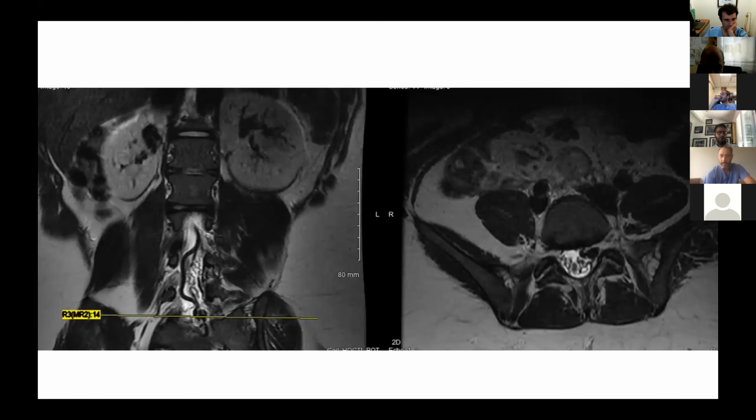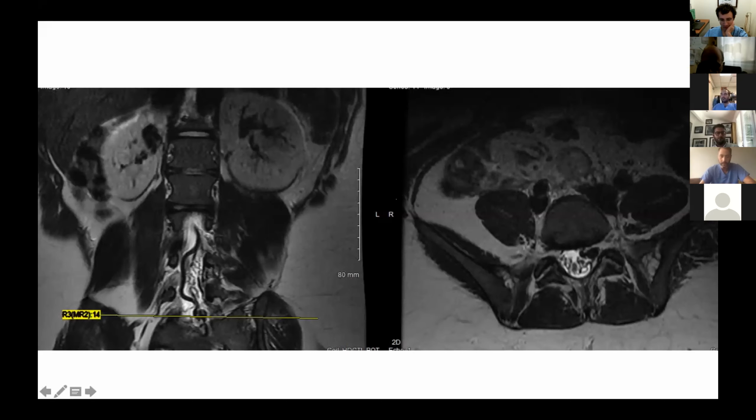So that was addressed first, and we were following her spinal cord AVM. I guess I would stop there and ask the group, is that what they would do? Would they not treat the spinal cord AVM because she's asymptomatic? Any comments?